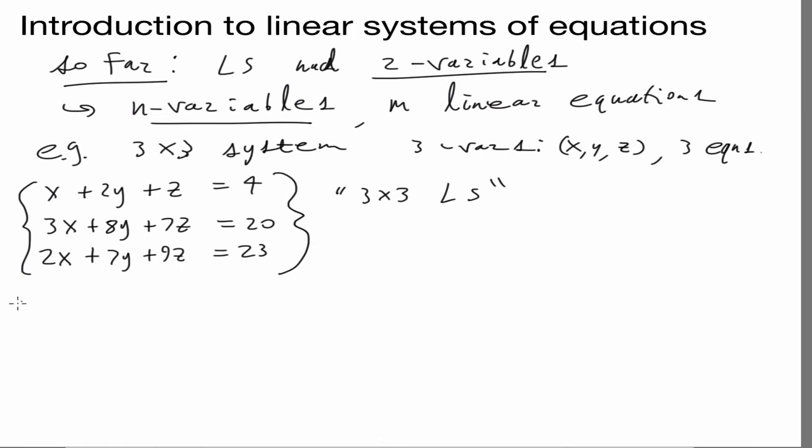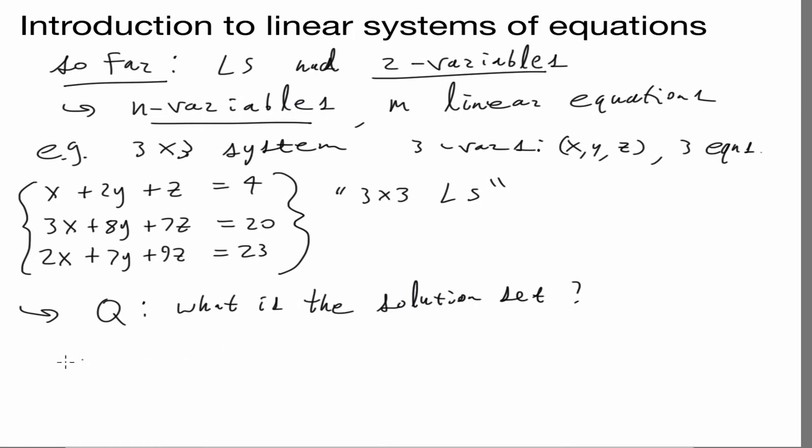And then what we're really interested in again, the question of the day is always, what is the solution set? So again, S is going to be this set. And now what's in the set?